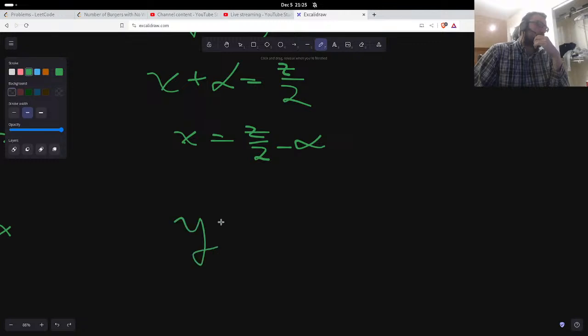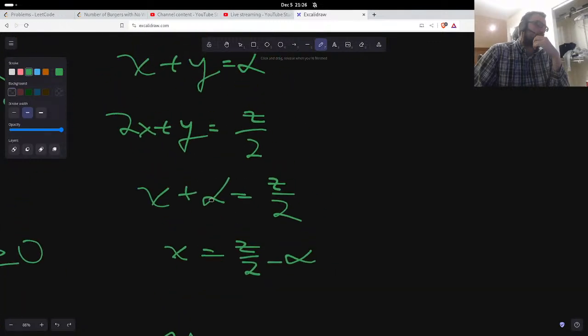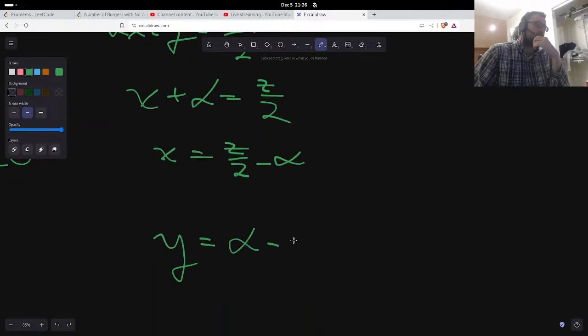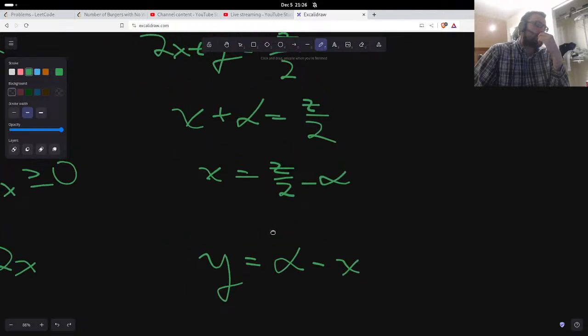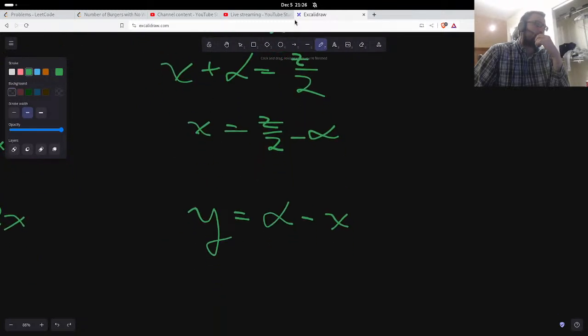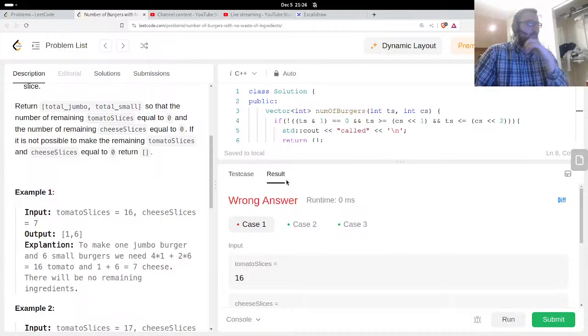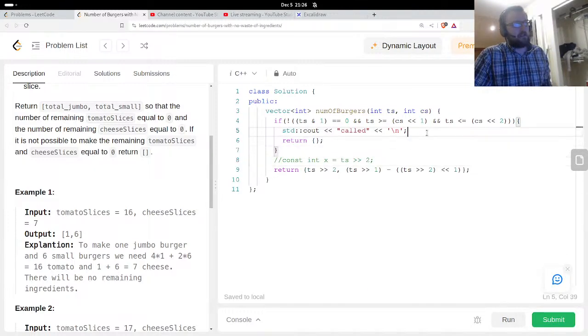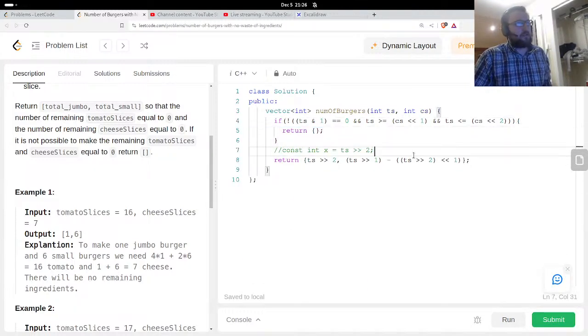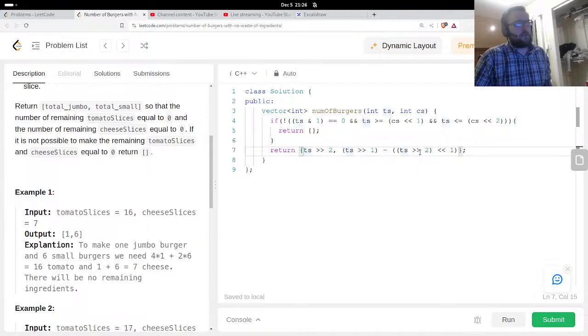Oh, and then y is alpha minus x. Okay. x equals z over 2 minus alpha. Let's try that. Maybe that's what I did wrong.